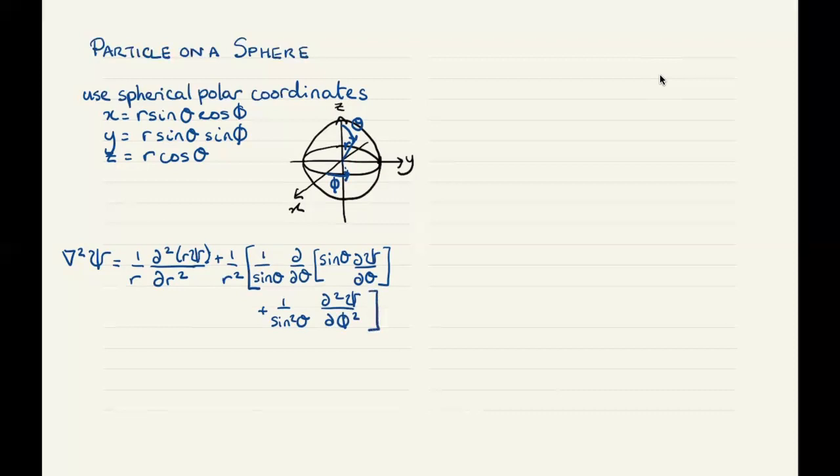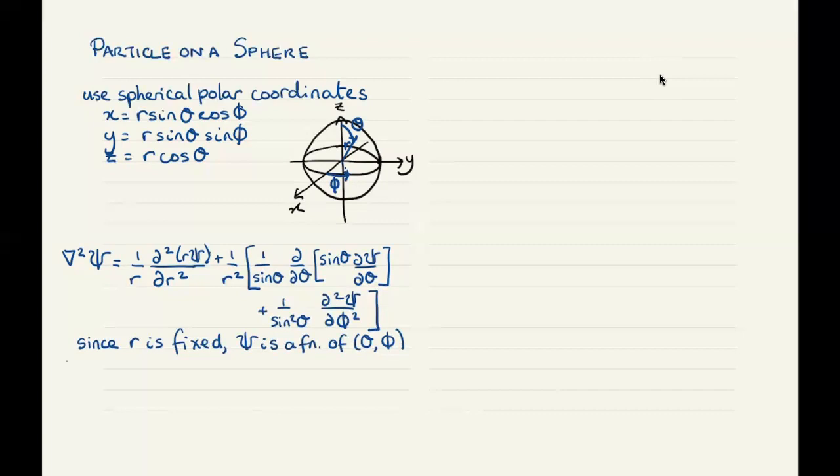This is very nasty, but since r is fixed, the wave function is a function only of theta and phi, and so we can get rid of any terms that have a derivative with respect to r.